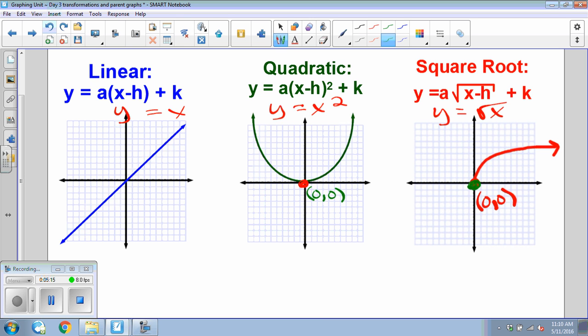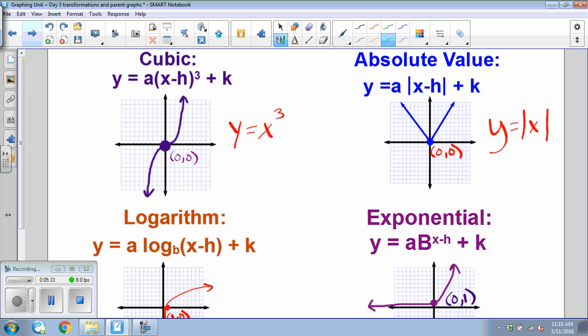If it went from here and ended up here, that means it went up 2 units. Okay, that starting point went up 2 units. All right, so those starting points are good visual indicators of what happens to the graph when you don't have the equation to look at. All right, let's look at the rest of our functions.